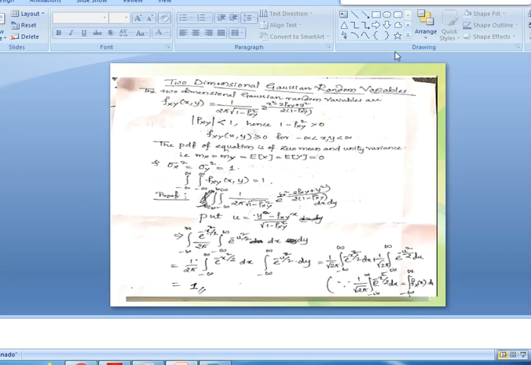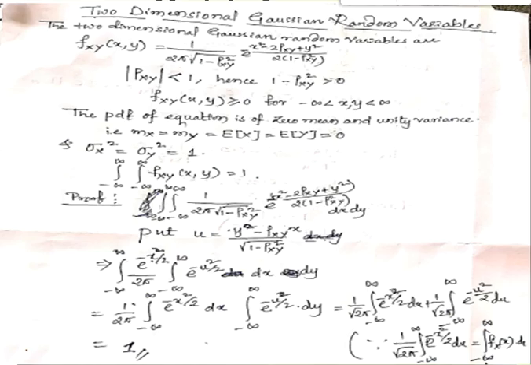Two-dimensional Gaussian random variables are given by f_XY(x, y) = 1 divided by 2π times the root of 1 minus ρ_XY squared, where ρ_XY is the correlation coefficient, the covariance coefficient.